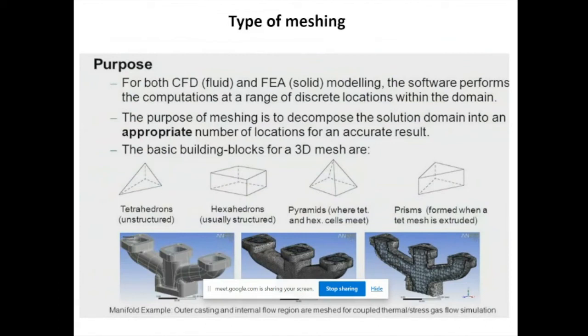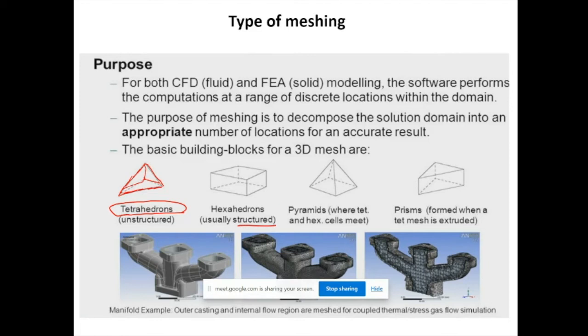Now, decomposition is basically, we have to see what kind of decomposition we are looking for, whether it is structured or unstructured. Unstructured is basically, if the smaller domain is like a tetrahedral, like this pyramid kind of thing, that is unstructured. If it is hexahedral, we can see this is structured.